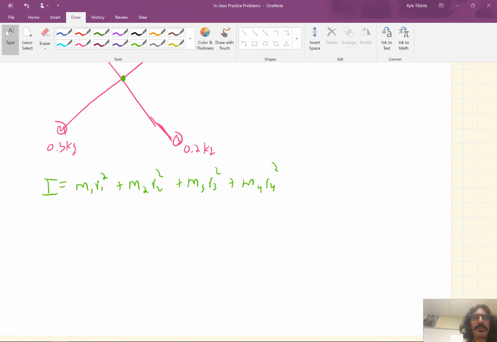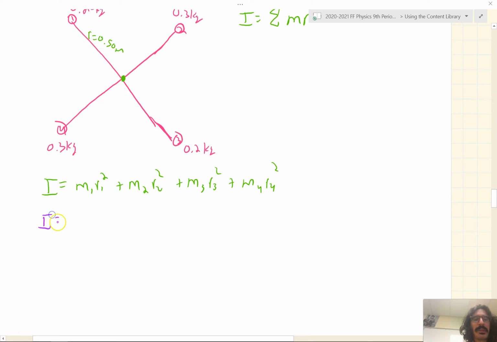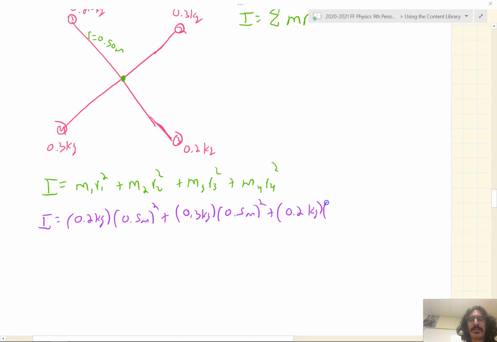So all we have to do for this one is just plug and chug. I equals 0.2 kilograms times 0.5 meters squared plus 0.3 kilograms times 0.5 meters squared plus 0.2 kilograms times 0.5 meters squared plus, last one, 0.3 kilograms times 0.5 meters squared.